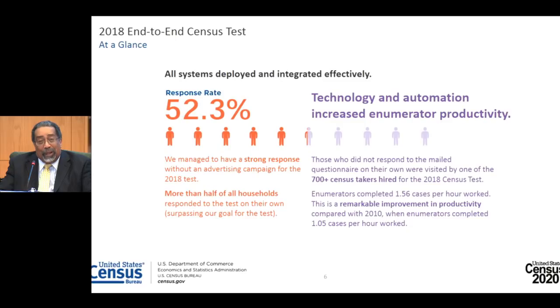The combination of route optimization, automation of assignments, and transmission of casework, the automation of payroll, combined with other system efficiencies, helped us increase our average productivity from 1.015 cases per hour to 1.5 cases per hour, a substantial increase in productivity.